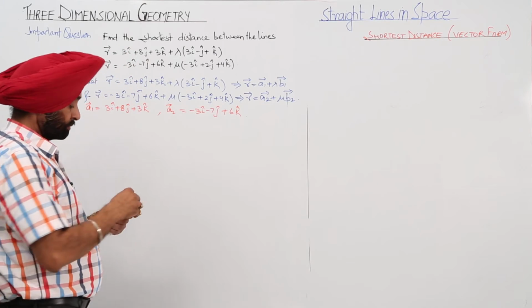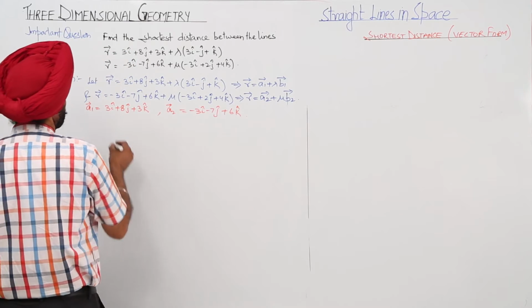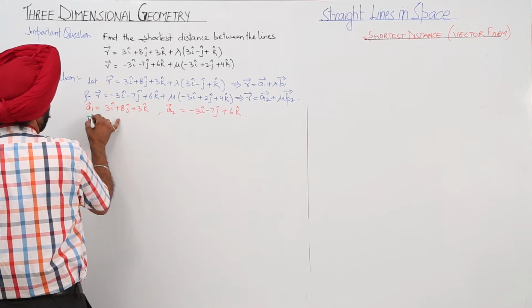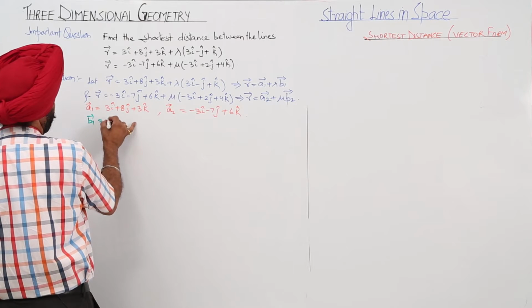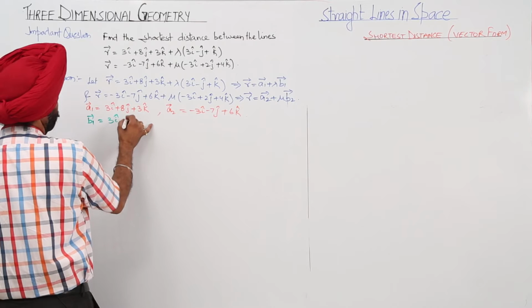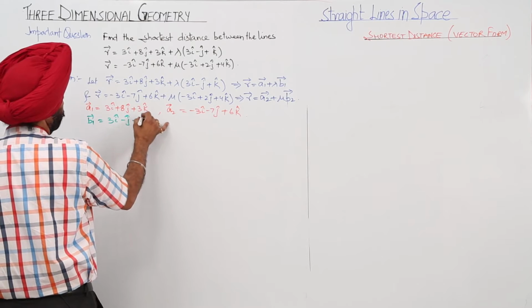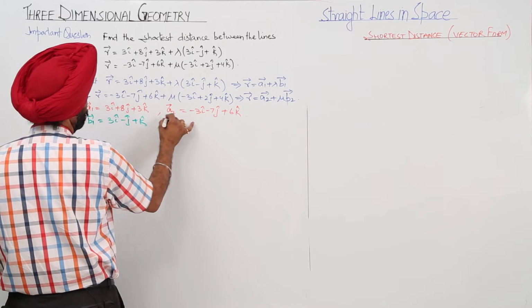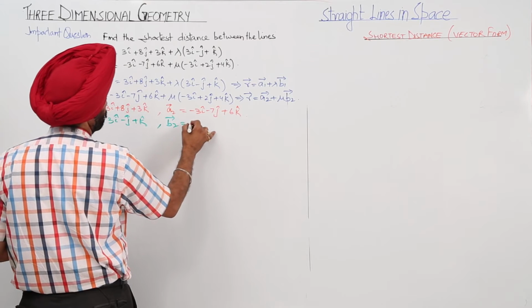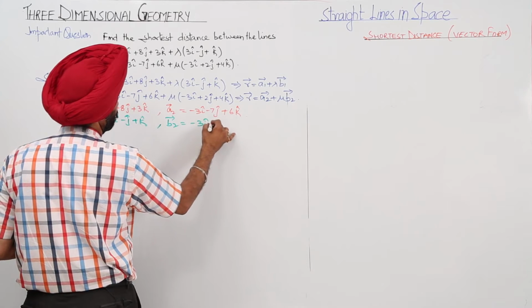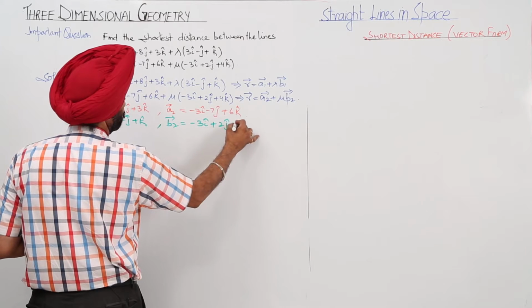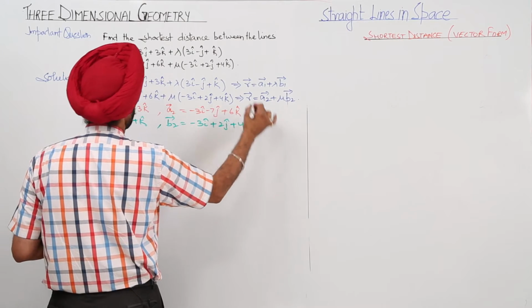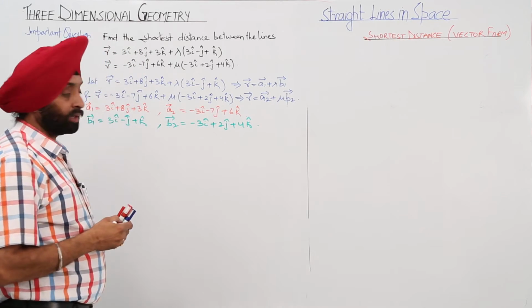Now vector b1 is 3 i cap minus j cap plus k cap, and vector b2 is negative 3 i cap plus 2 j cap plus 4 k cap. So we are having a1, a2, b1 and b2.